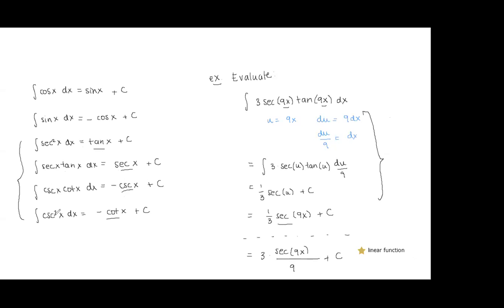Neither of these is going to help me, and I have the antiderivatives of cosine and sine, but I want the antiderivative of tangent of x. So I'm going to start by rewriting this as a function of sine and cosine, right? So we're going to have the integral of tangent of x, which is given by sine of x over cosine of x dx, right?